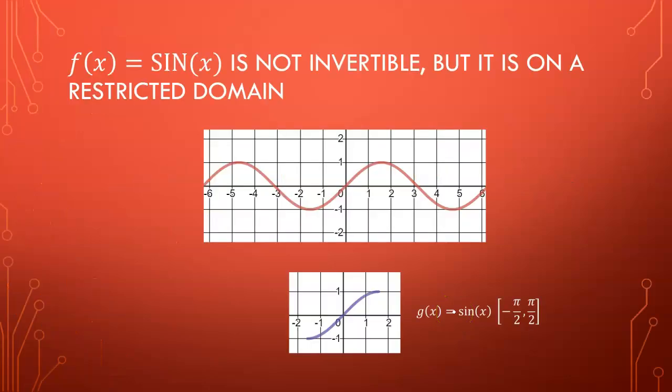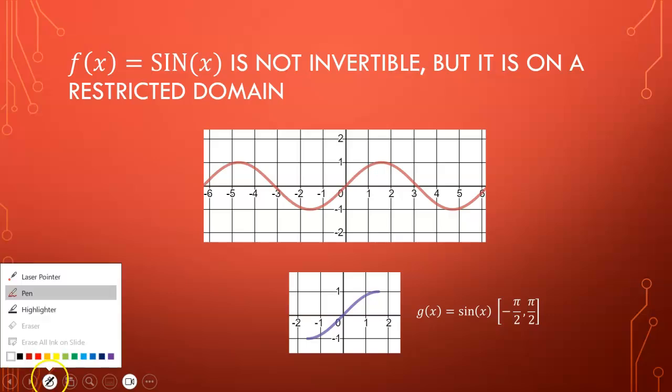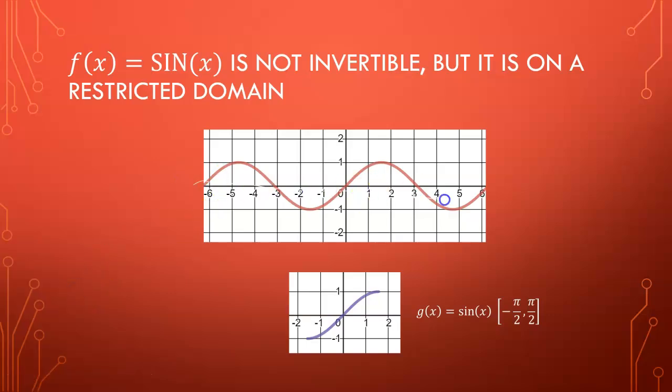All right, I want you to know that sine of x, as you know, is not invertible because it does not pass that horizontal line test that shows you have a function that you can invert. If I draw a horizontal line, it crosses the function more than one time. But if I restrict its domain, which for the sine function we choose to restrict from negative pi over 2 to positive pi over 2, then I get something that is invertible.